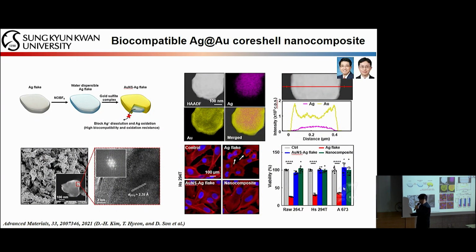And to further improve the biocompatibility, we coat a gold nanoshell onto the entire surface of the silver flake, like this. So perfect encapsulation of the silver flake with the gold nanoshell enables the improvement in cell viability. So cell viability was further enhanced than before.